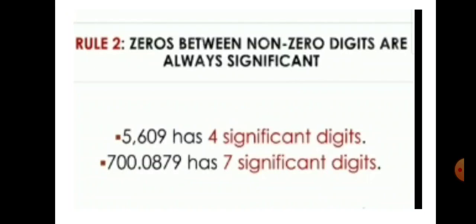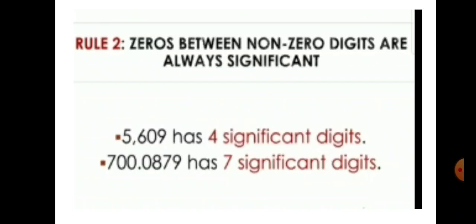Other examples of rule number 2. In this example, we have 5609. In this value, 0 is between 6 and 9, so it has 4 significant digits, that is 5, 6, 0 and 9.